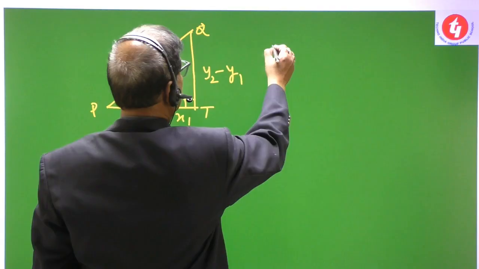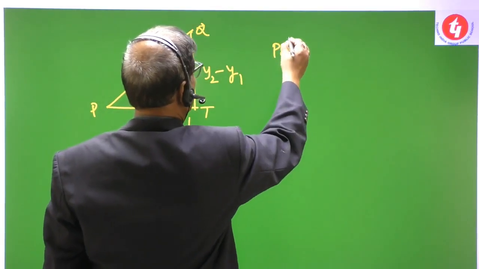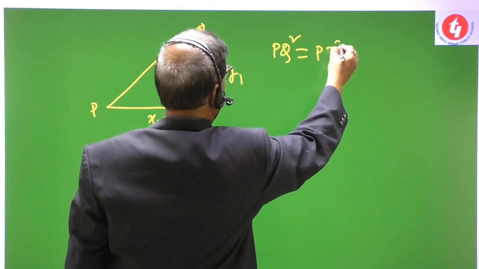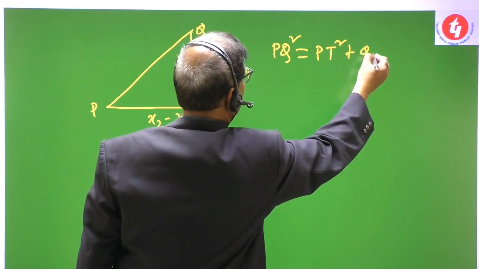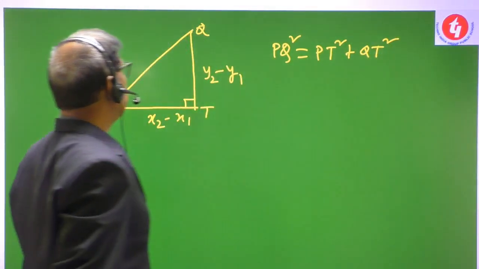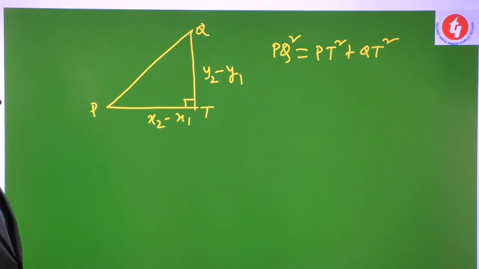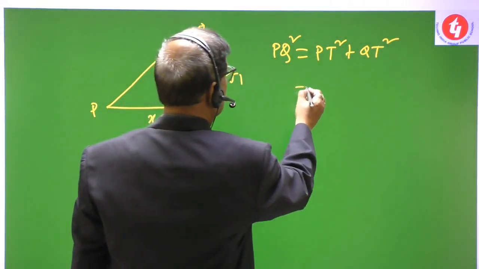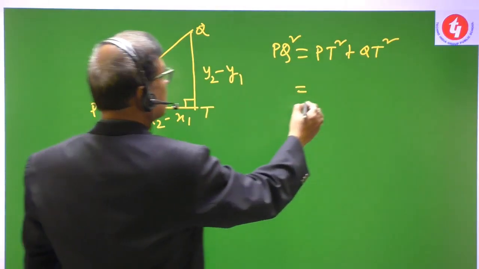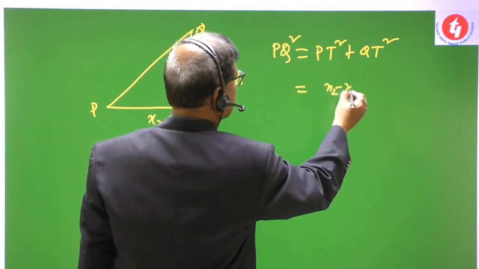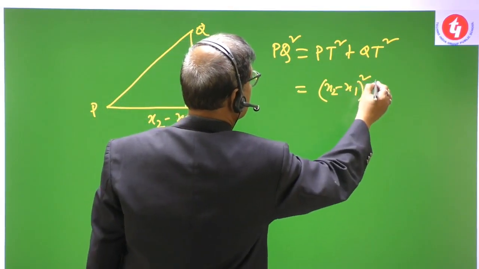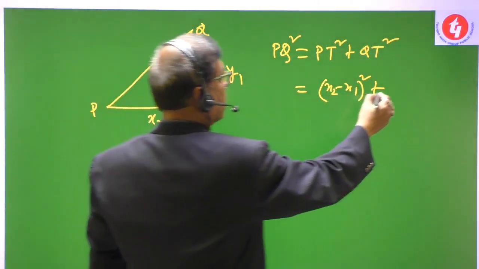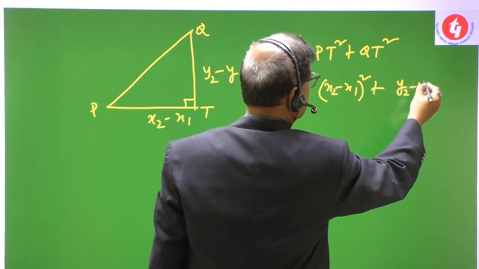According to Pythagoras theorem, PQ square equal to PT square plus QT square. So now put the value PT square, that means x2 minus x1 whole square plus QT square, that means y2 minus y1 whole square.